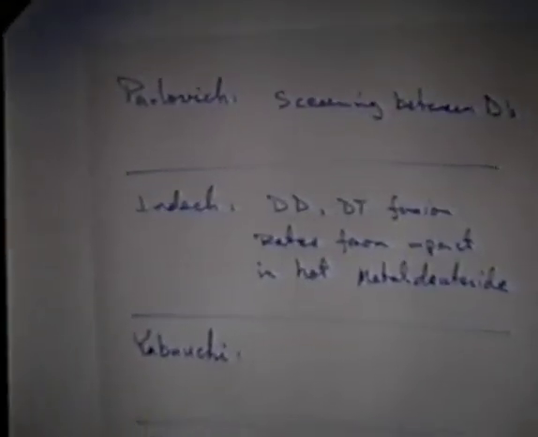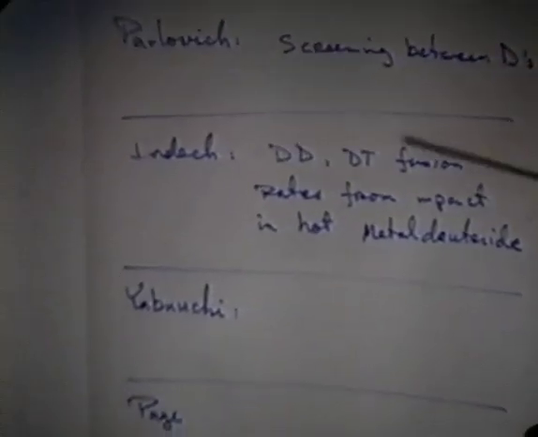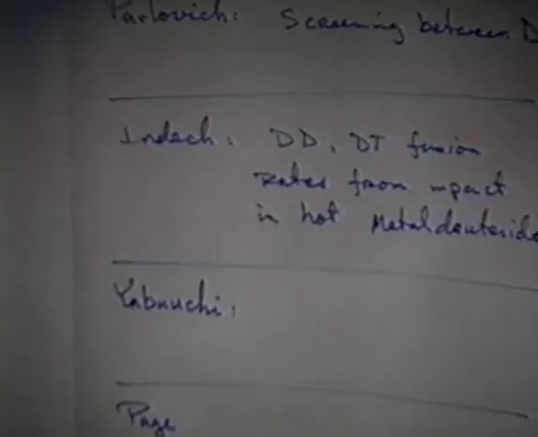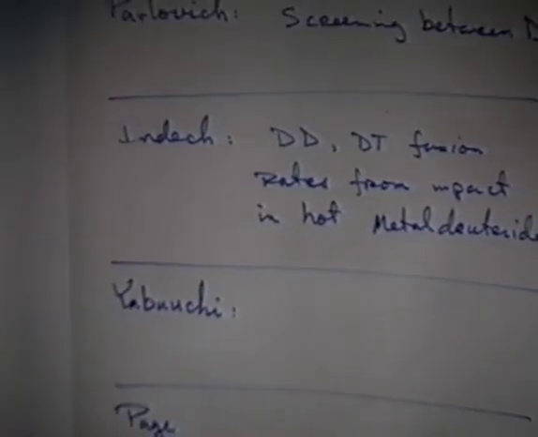Pavlovich has discussed screening between deuterons in the abstract. And again, that's an issue that quite a few folks are interested in. Indech, this paper looks to calculate kinetic impact fusion rates based on heating up a metal and making estimates of velocities, I presume including screening as well.